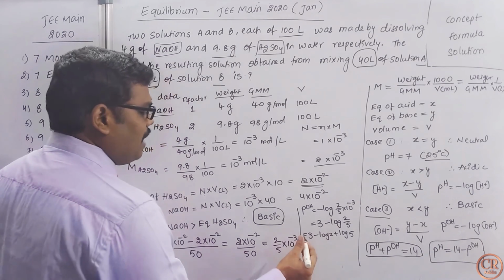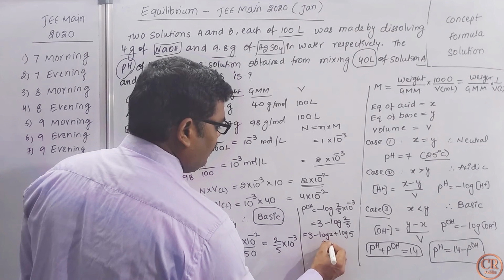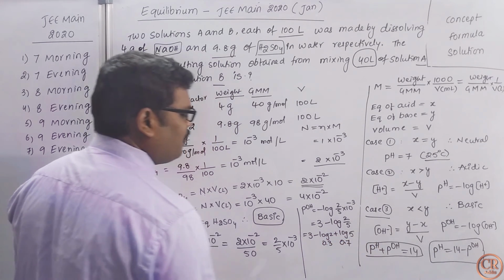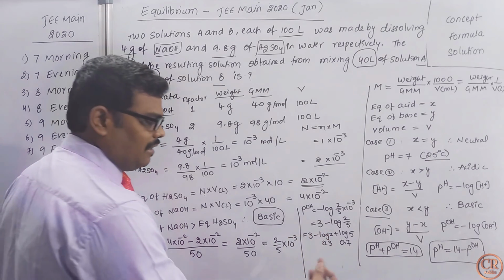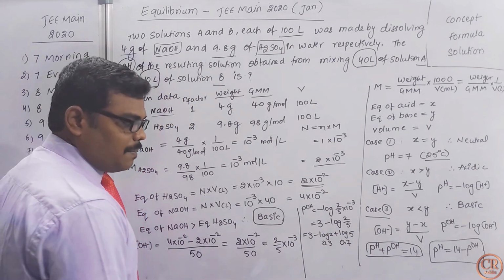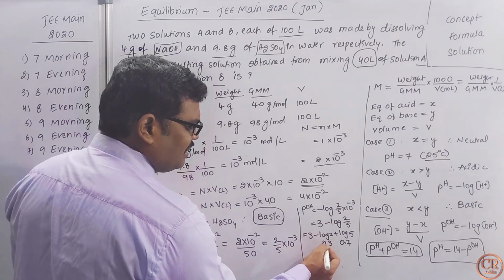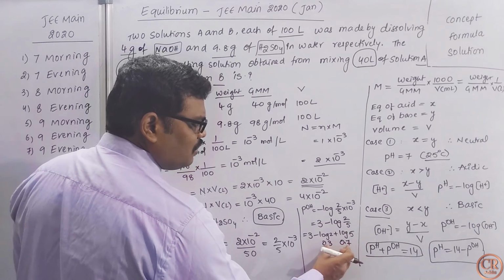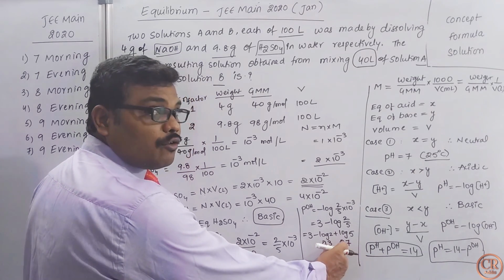Now the log 2 value is 0.3 and the log 5 value is 0.699, but approximately I am taking 0.7. So here 3 minus 0.3 plus 0.7. From this you can get 0.4.